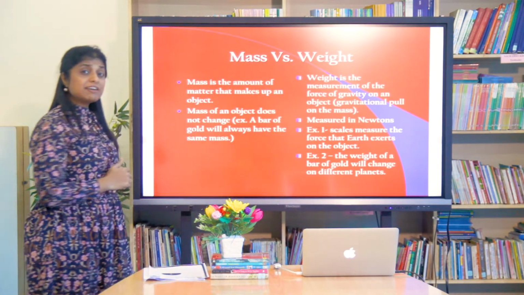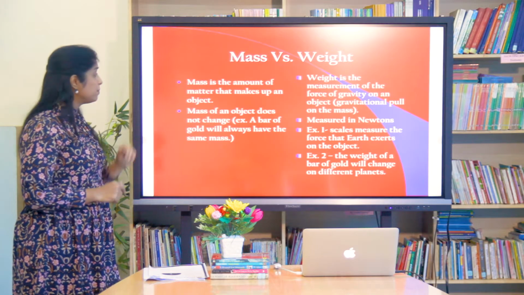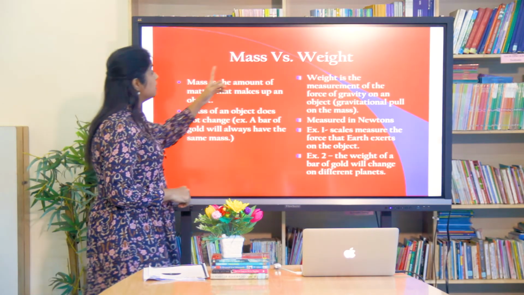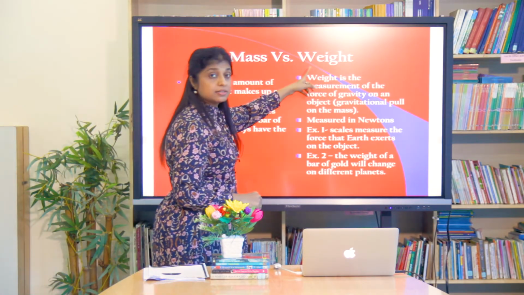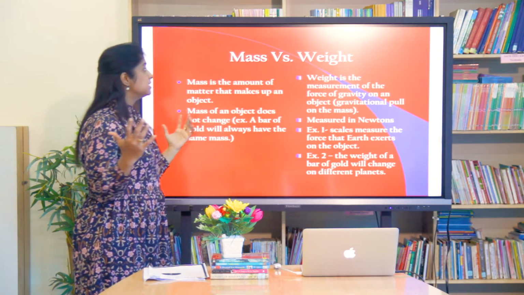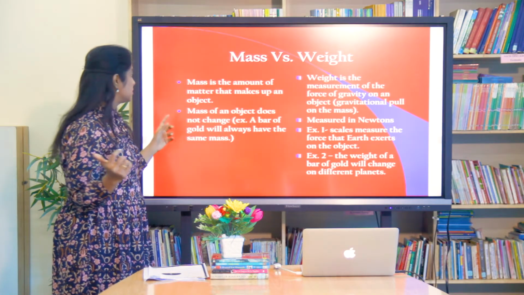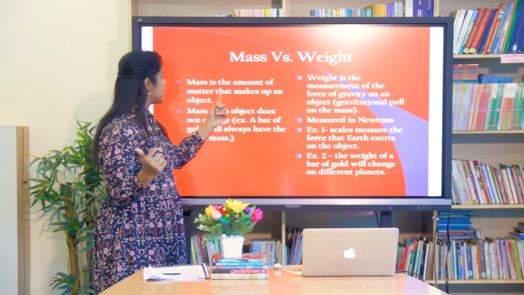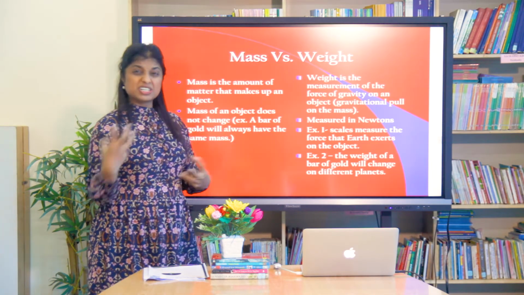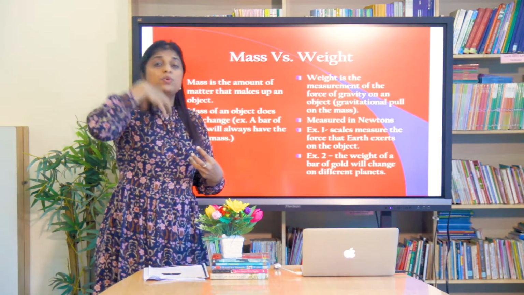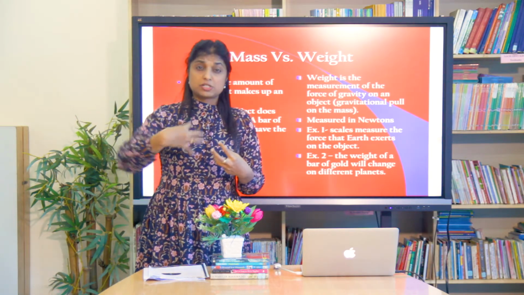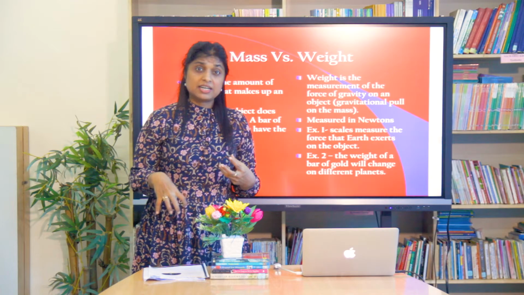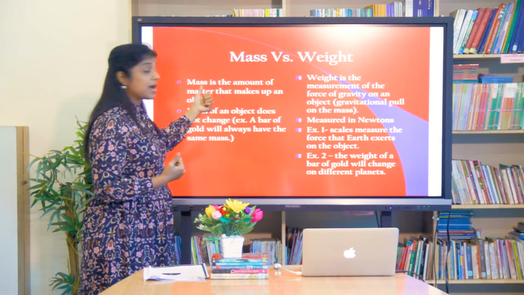Now we come to the definition. Okay, everybody? You can see here mass versus weight. Means what is the difference between mass and weight? Let's have a look. Mass is the amount of matter that makes up an object. The amount of the matter within an object or within the body, we call it as mass.